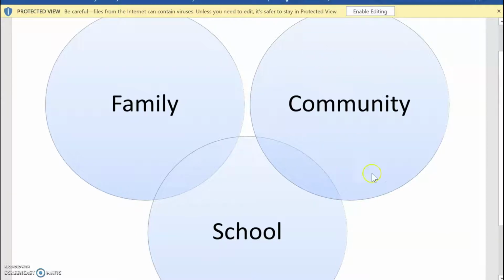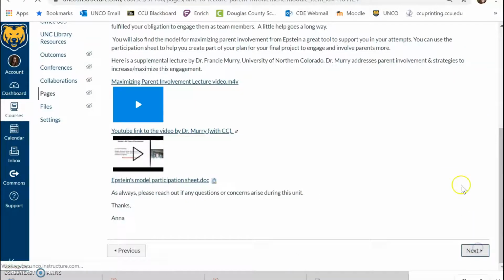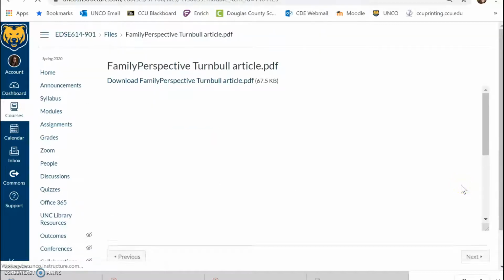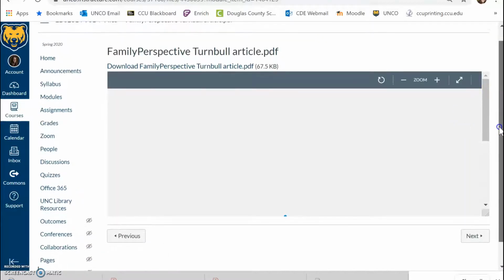Keep in mind the community here as well, and the overlap there with the school, the influences of the community on the child on a day-to-day basis, and ultimately all 3 of these work together as factors for the success and the outcomes of any given student. So you can keep that visual in mind. It's kind of an extended Venn diagram there.